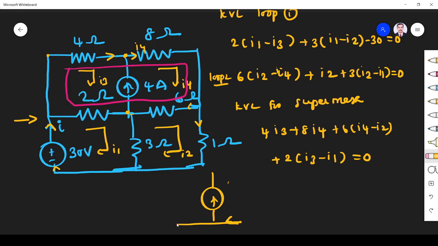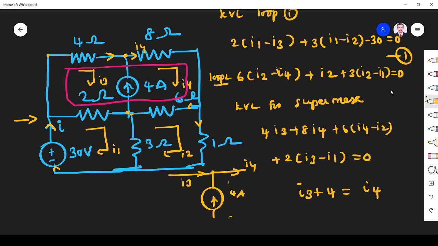Here I3 is coming, I4 is going, and 4 ampere is coming. So incoming current is equal to outgoing current as per KCL. Incoming current is I3 plus 4 is equal to I4.